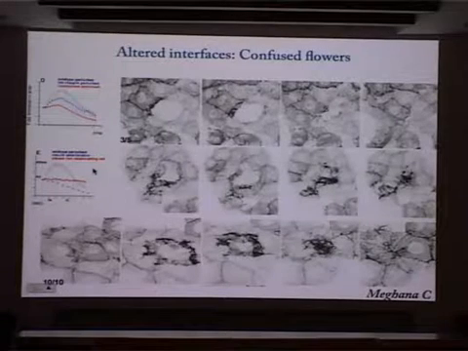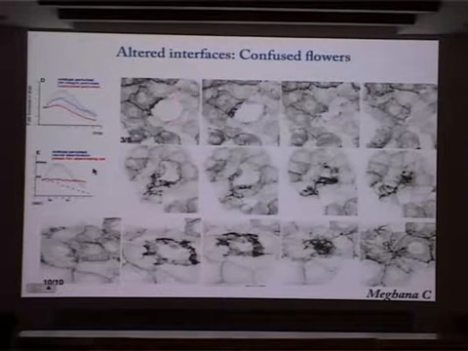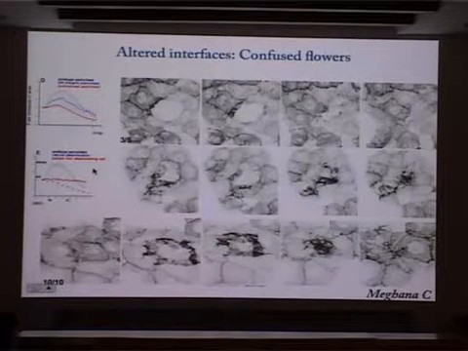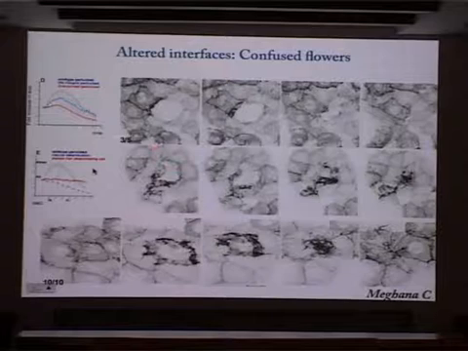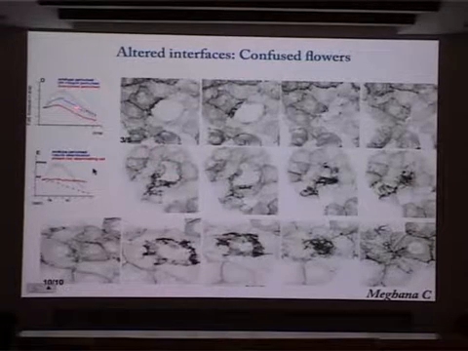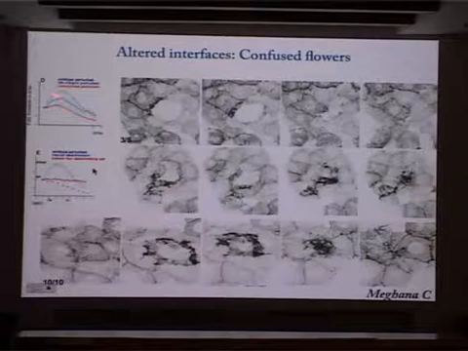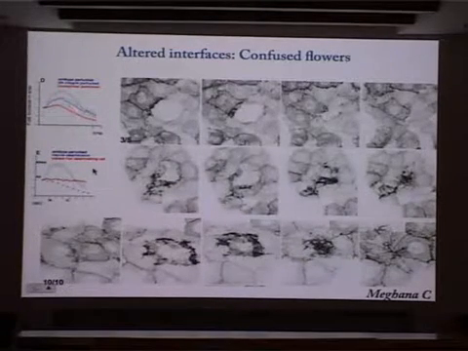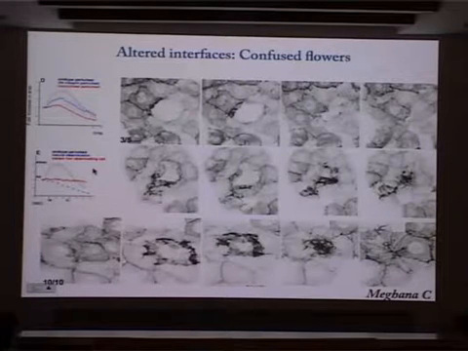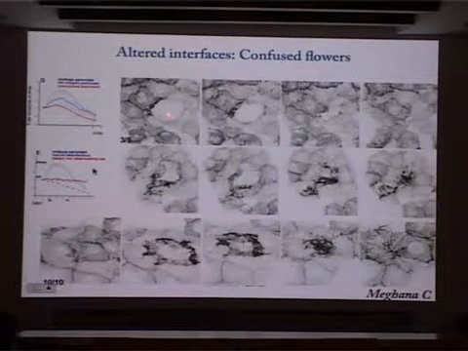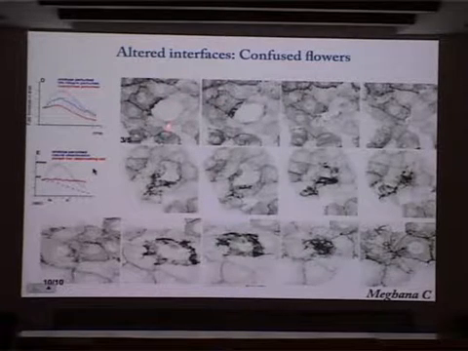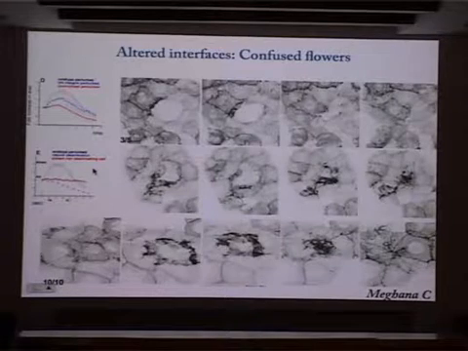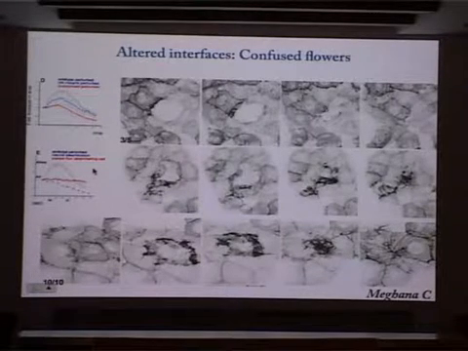You can also ask, if you change the properties of the interface in these cells, what happens? And again, what you can see is you can do it in many different ways. And if this is the way in which the area evolves as a function of time, one of two different kinds of perturbations in adhesion also alters the way that this response happens. But you can also show that altering the interface actually prevents the crystallization of this polarity, so to speak.